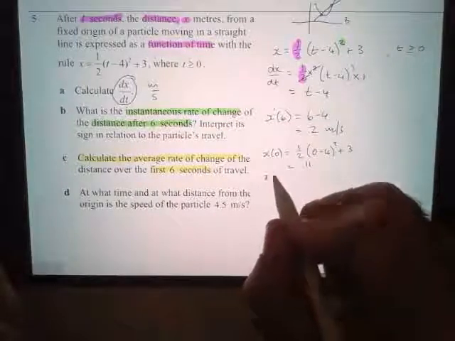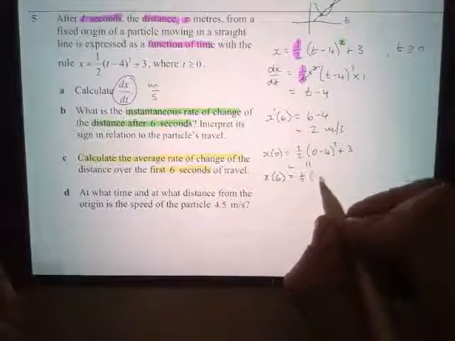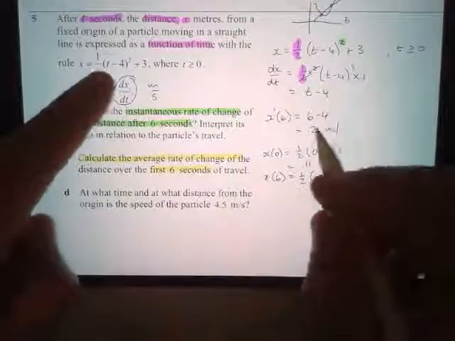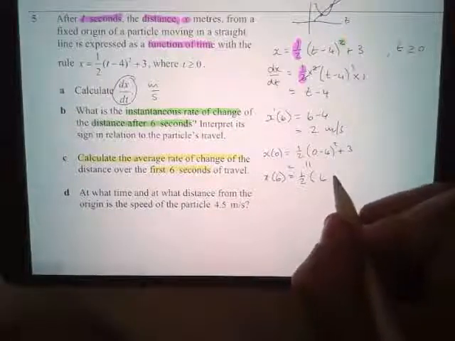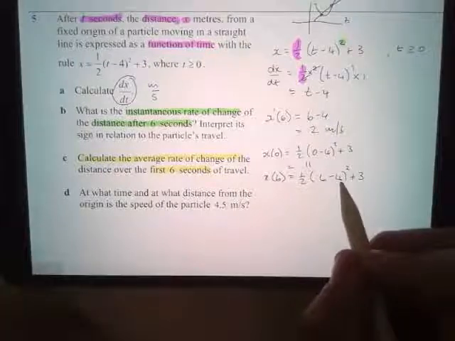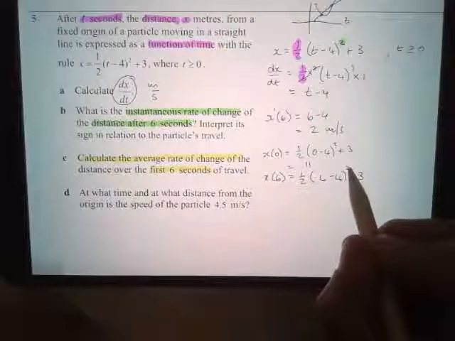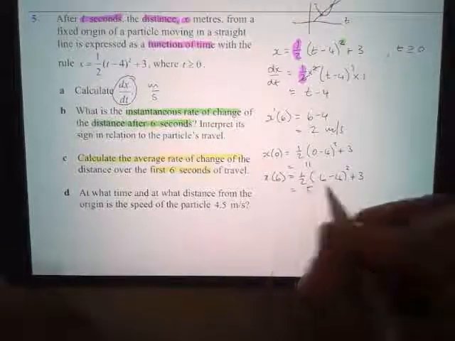Okay, and what is x at 6? x at 6 equals, taking it back to my original equation, a half (6 minus 4) squared plus 3. 6 minus 4 is 2, 2 squared is 4, 4 times a half is 2, 2 plus 3 is 5.